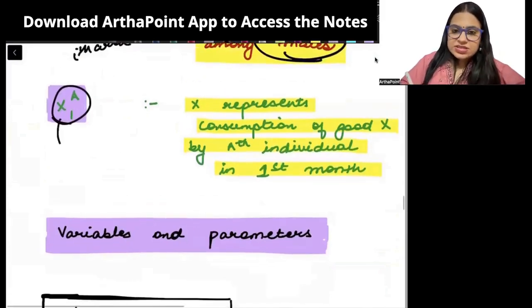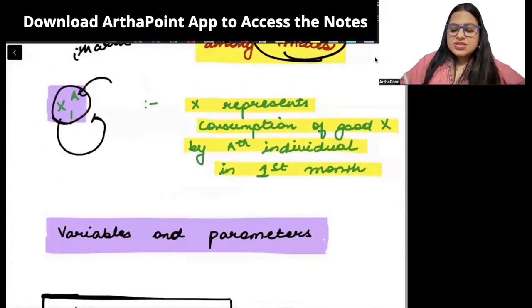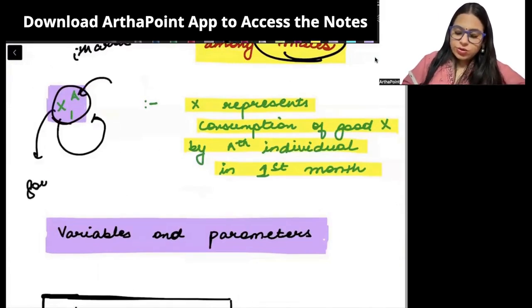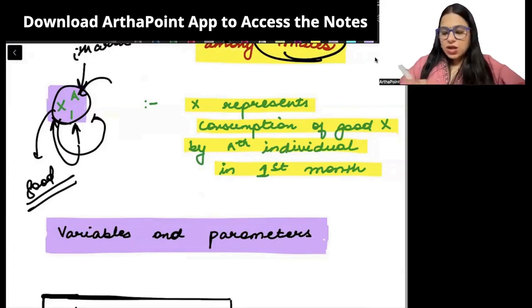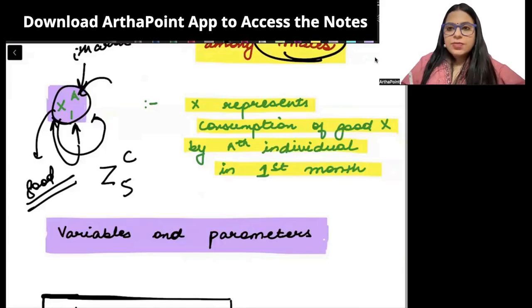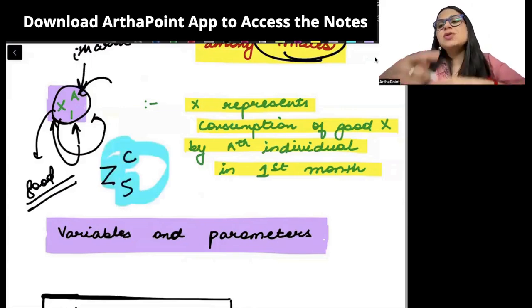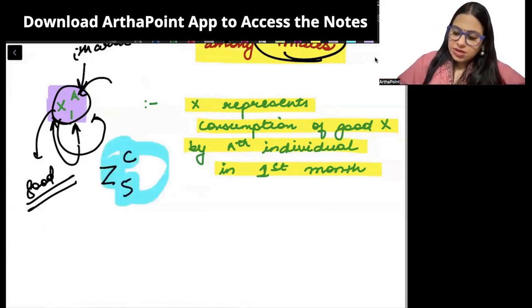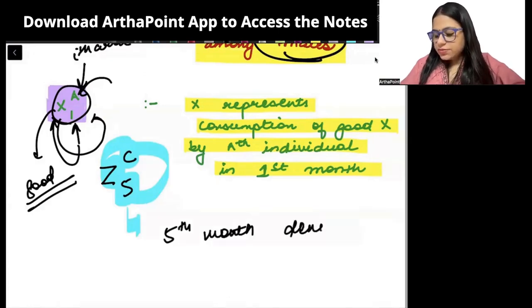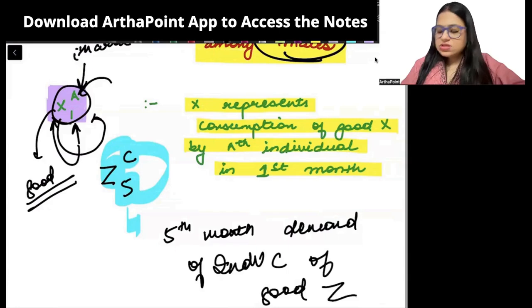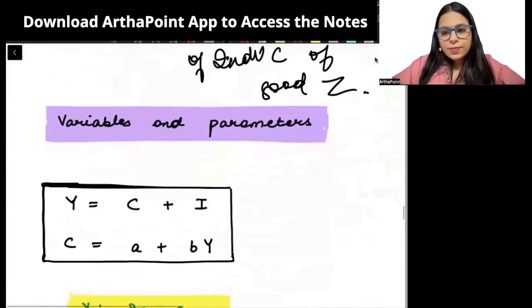So 1 represents the month and A represents the individual and X represents the good. तो इंडिविजुअल ए का फर्स्ट मंथ में गुड एक्स का डिमांड कितना। So if I say Z_5^C, it will mean that फिफ्थ मंथ में इंडिविजुअल सी का गुड Z का डिमांड कितना। So I am creating two levels of categorization. So this will go ahead and mean that in the fifth month, demand of individual C of good Z. Is this clear? ठीक है.